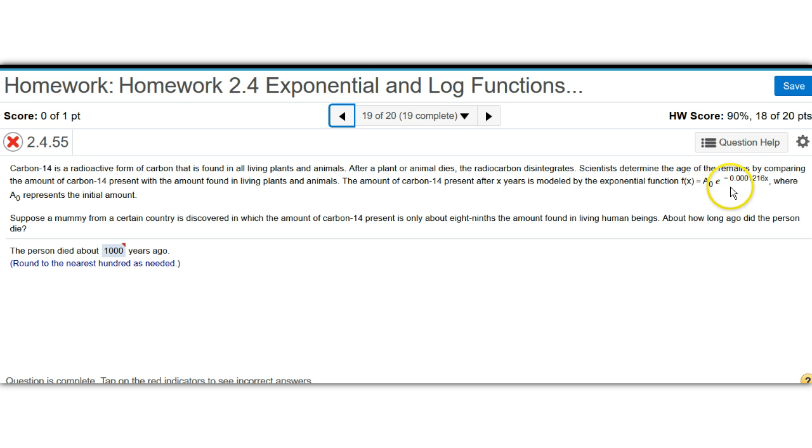Now, this is the formula that scientists use, the actual formula, and the one we used in our PowerPoint slides as well. So let's set this up.